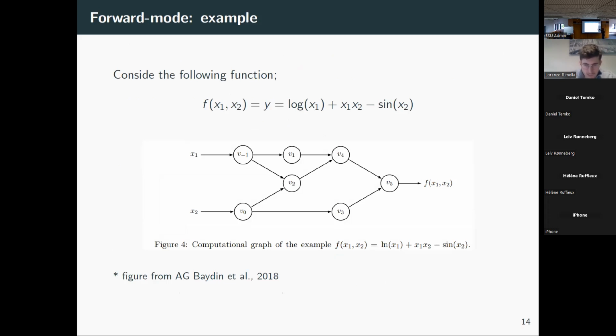You can make this graph like this, the computational graph. You have the inputs, and then each operation is one intermediate variable. And finally, you have the output.